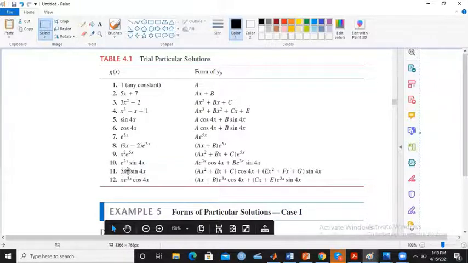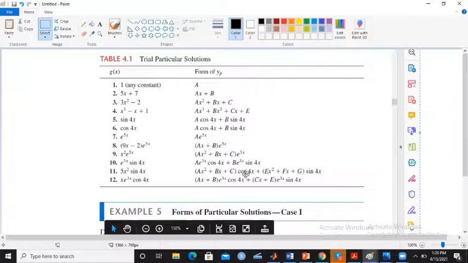Now I have a polynomial and a trigonometric function. Remember that for the polynomial, we have learned that whatever the highest order, the degree of the polynomial is, I will consider the entire polynomial for the trial solution. Therefore, I will go for x squared: ax squared plus bx plus c. Now I have sine 4x, and for sine 4x, I have learned that I will go for sine 4x and cos 4x both.